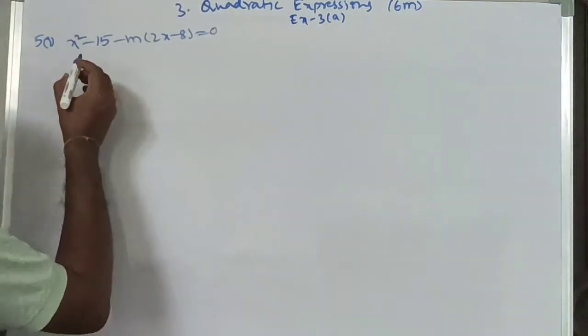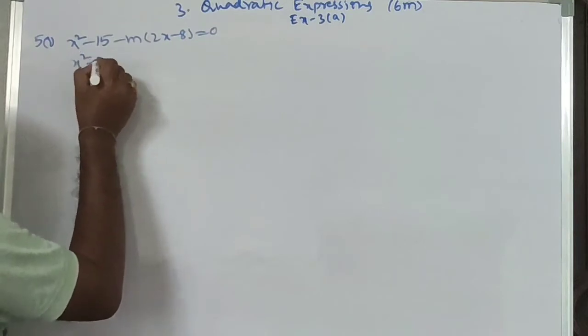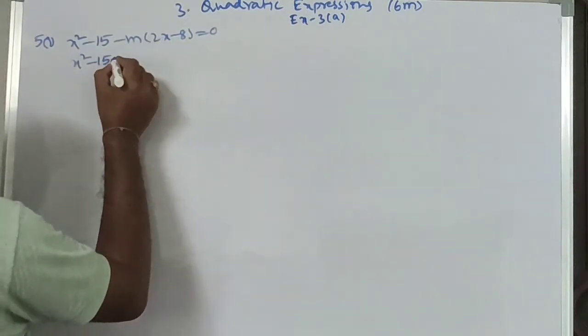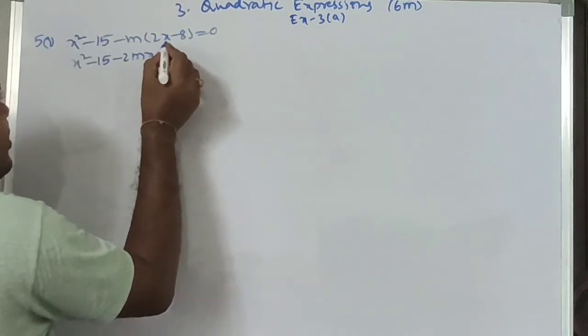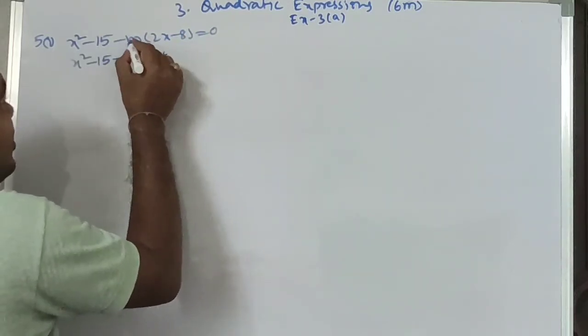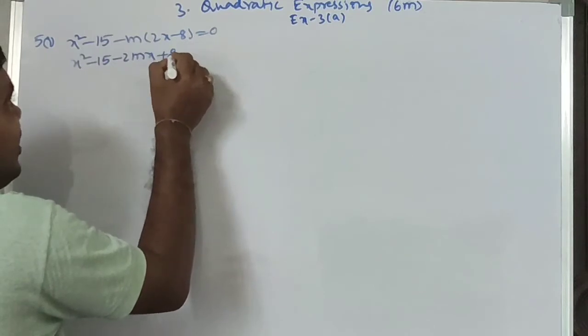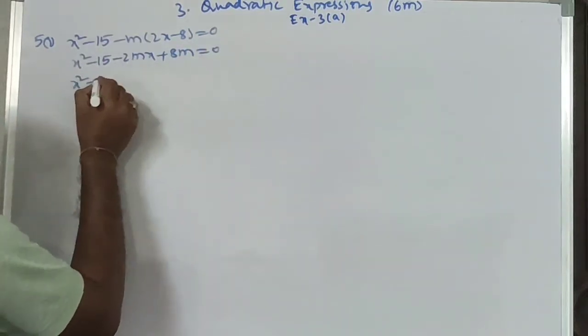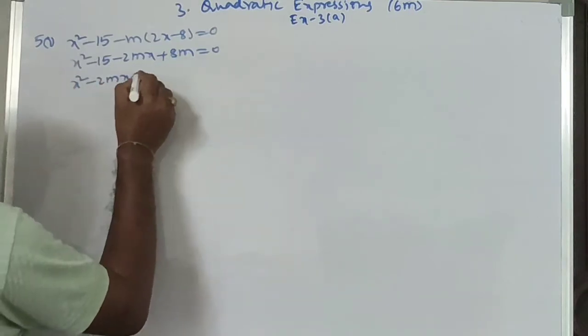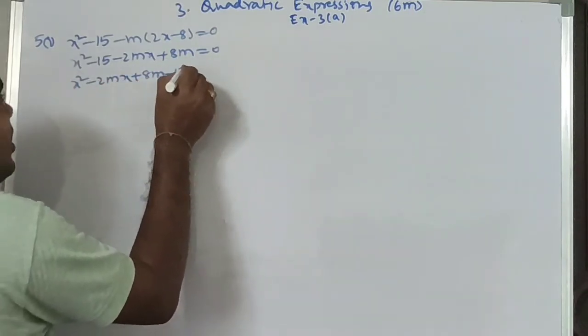So I want to write this one: x square minus (15 minus m) into 2x minus 2mx minus m into minus 8, plus 8 into m, 8m equal to 0. Now x square minus 2mx plus 8m minus 15 equal to 0.